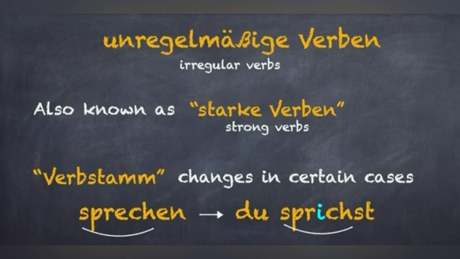First, the Verbstamm changes. In place of e in sprechen, we have an i. The ending remains the same as other verbs. As discussed before, the change in the Verbstamm will take place, but the ending remains. There are some irregular verbs where the verb stem doesn't change, but they are still irregular.